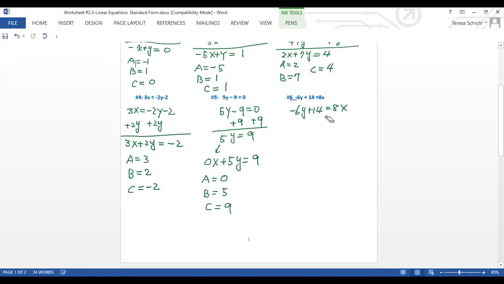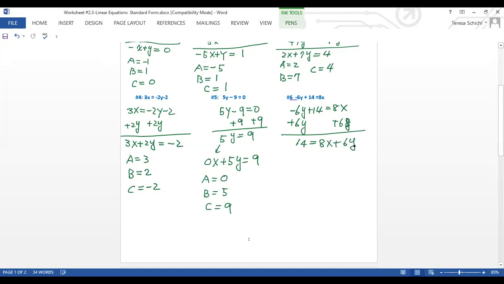As long as the x and y are on one side and the number on the other side. Maybe it's easier to just move the 6y. So here is a 14, and this is 4x plus 6y.